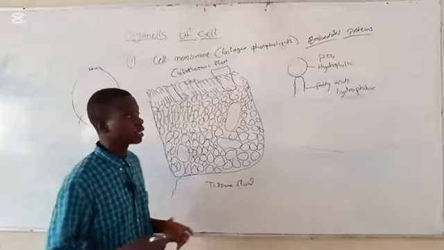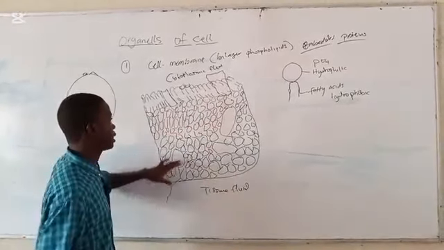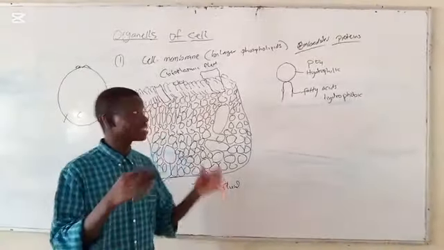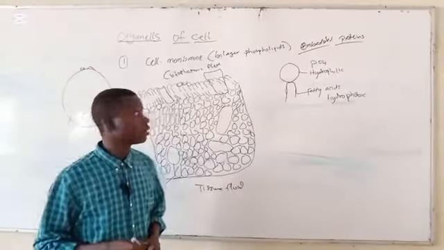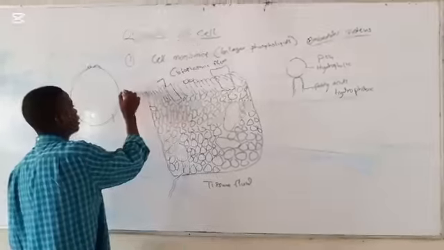Now, the next thing we'll be talking about are the roles of proteins in the cell membrane. There are different functions of proteins that are embedded in the cell membrane. One of the roles of these proteins is, first, the ion channels.